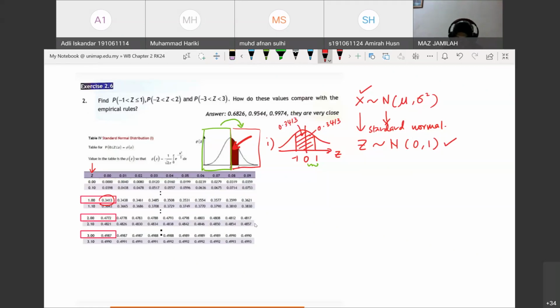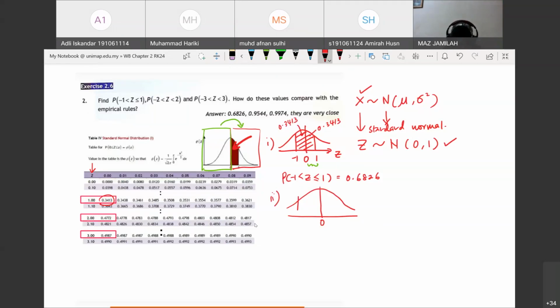So the total probability will be what? P of Z between -1 and 1 would be 0.6826.